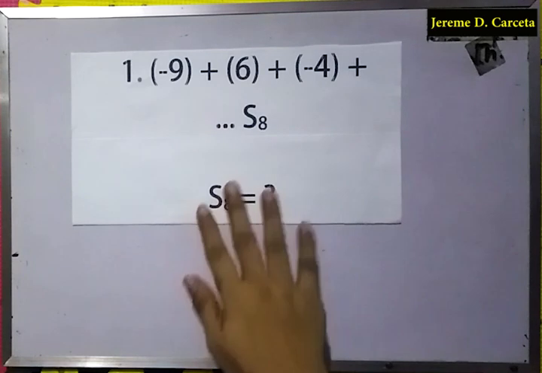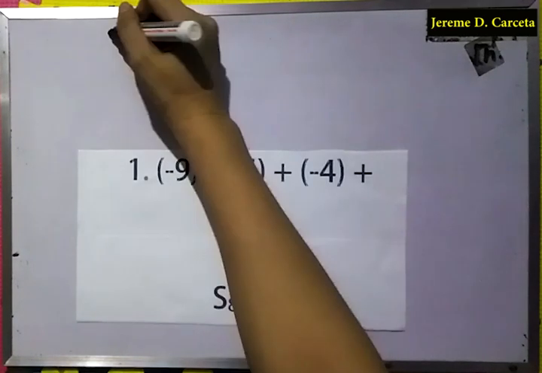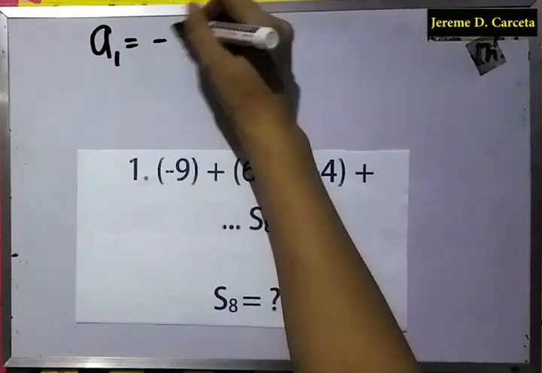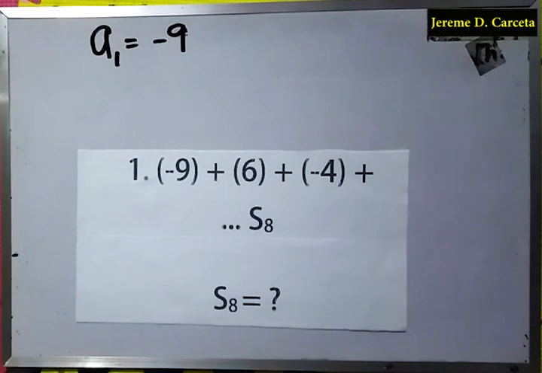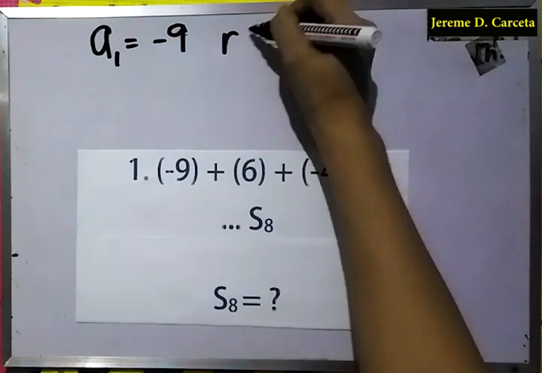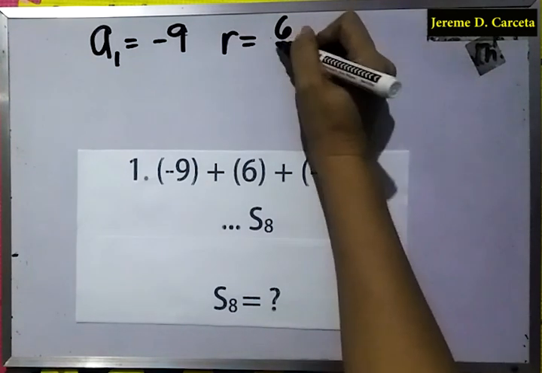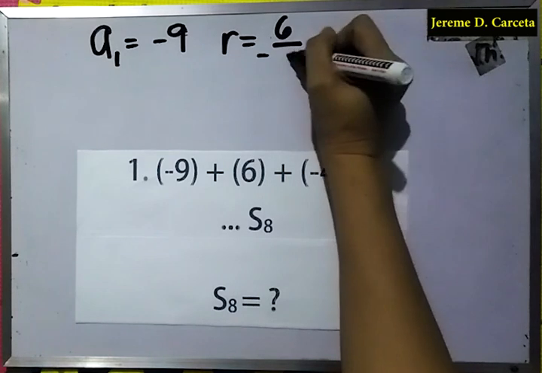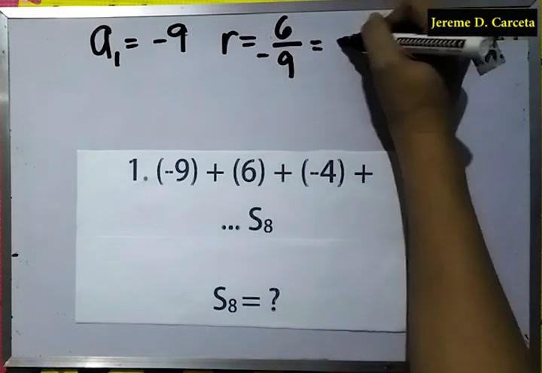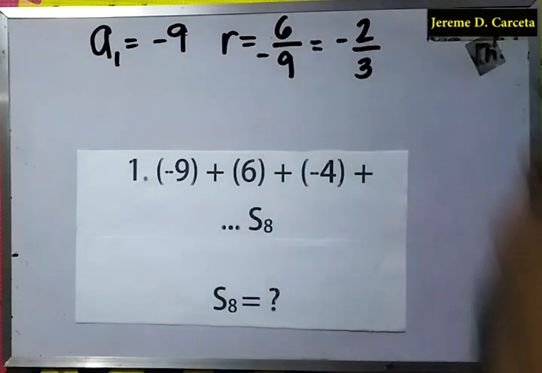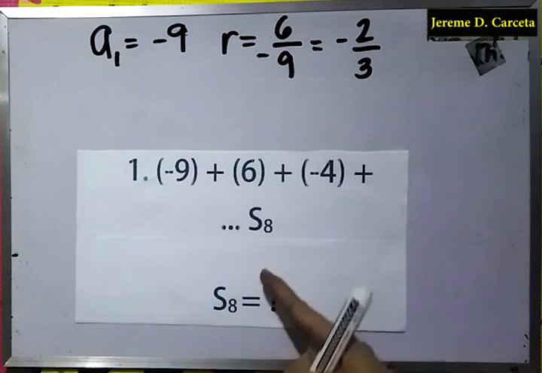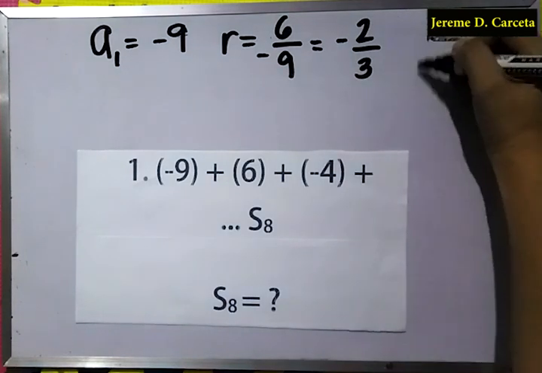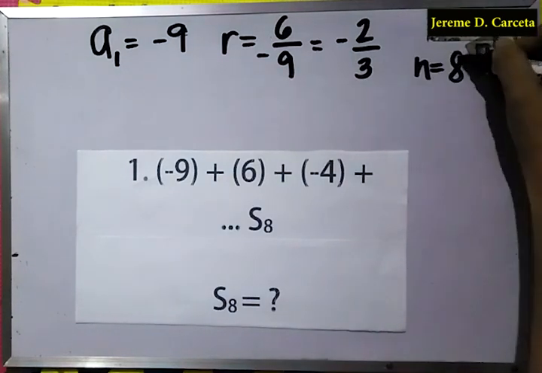In this case, our a sub 1 is negative 9. Our r will be 6 over negative 9, or simply negative 2/3. And since we're looking for S of 8, our n is equal to 8.